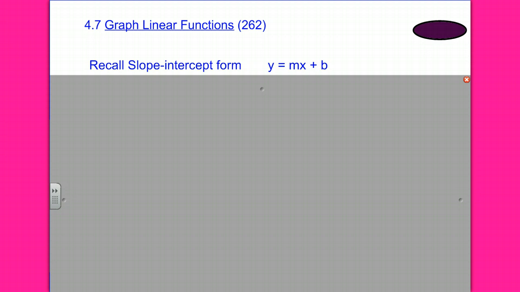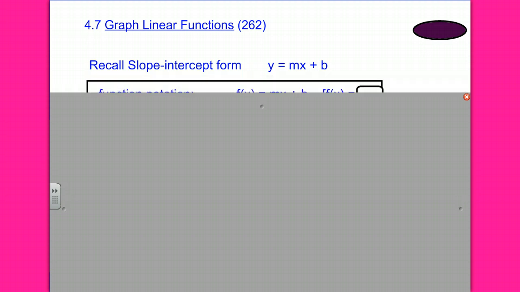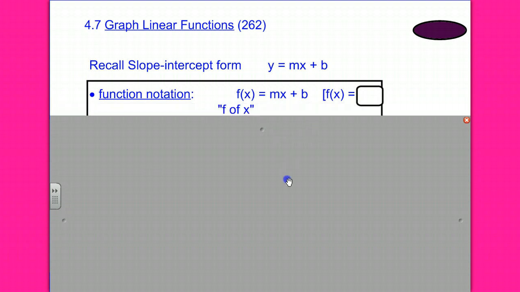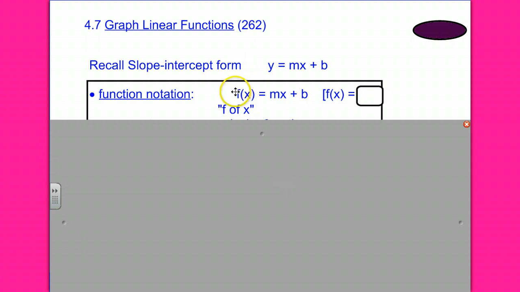Notation is a way to name stuff. Okay? So function notation for a linear equation looks like this. F of x equals mx plus b. We say, when we see f with x inside of parentheses just adjacent to it, we say f of x. The function f of x equals mx plus b.